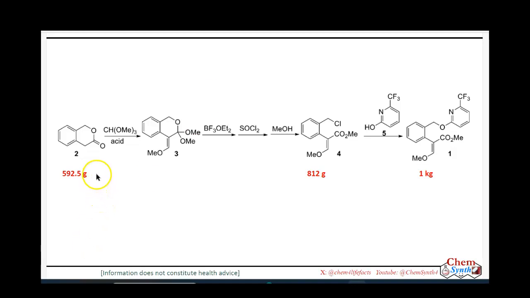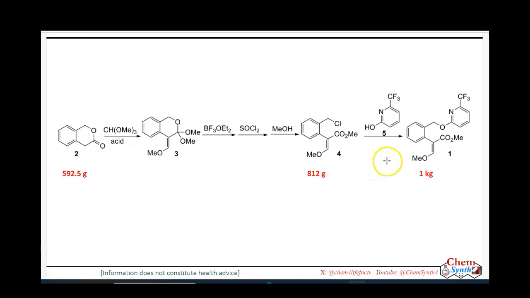They started with this isochromanone molecule, approximately 600 grams, and used trimethyl orthoformate to get this intermediate 3, which was converted into this benzyl chloride derivative using several steps without isolating those intermediates.